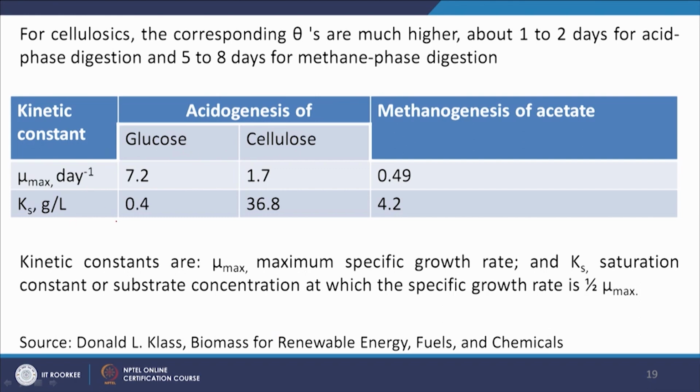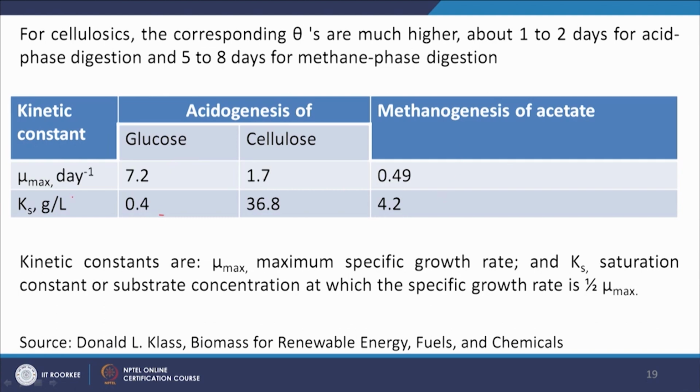Here mu max value is more for glucose than cellulose and Ks value is less for glucose than cellulose. This indicates that glucose is more easily degradable than cellulose.